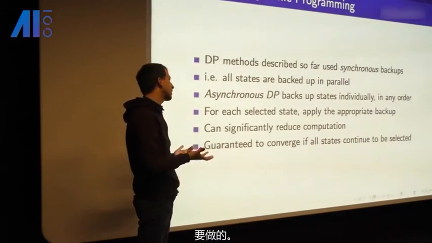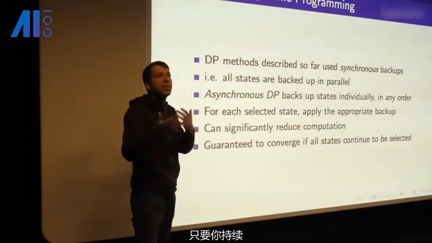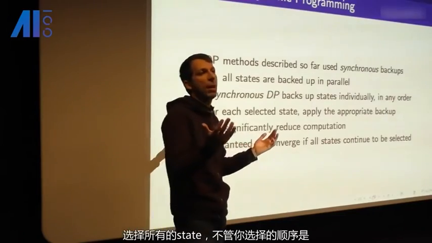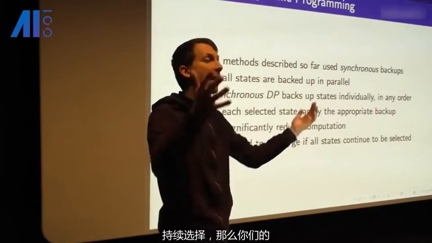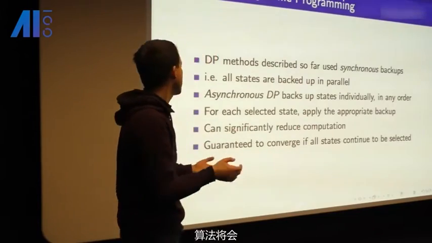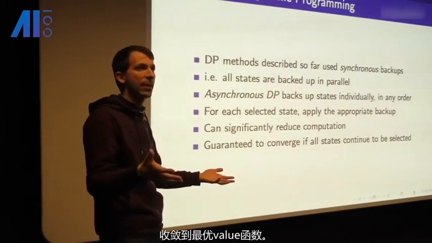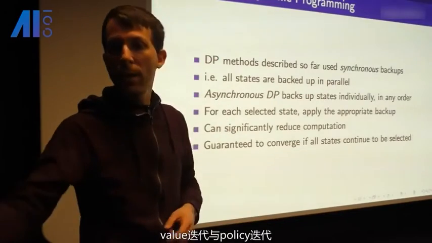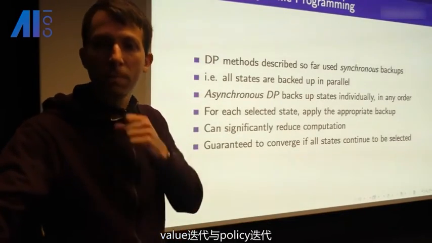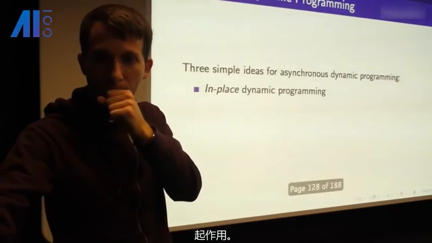A nice result tells us that as long as you continue to select all states, it doesn't matter which order you select them in, as long as you continue to select everything at least sometimes, your algorithm will still converge to the optimal value function. So this all still works. Value iteration, for example, still works. Policy iteration as well.